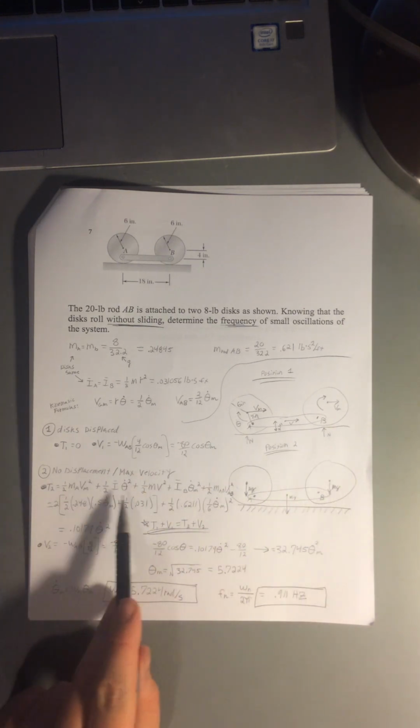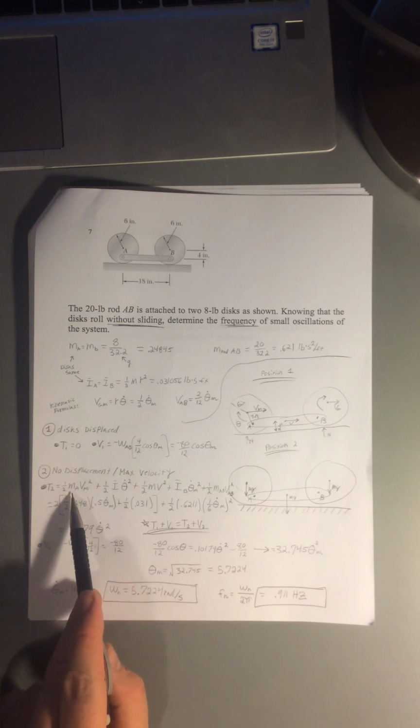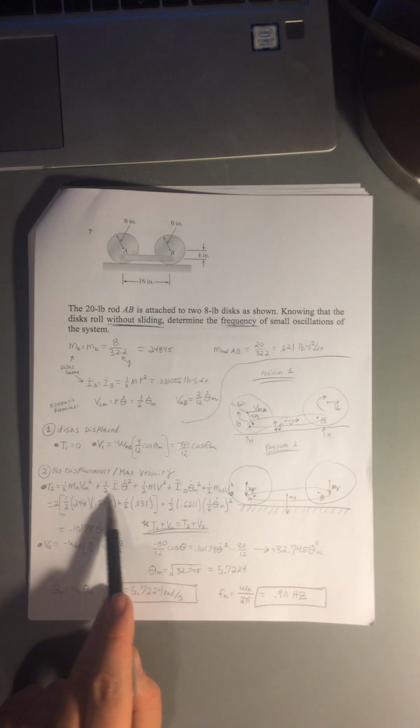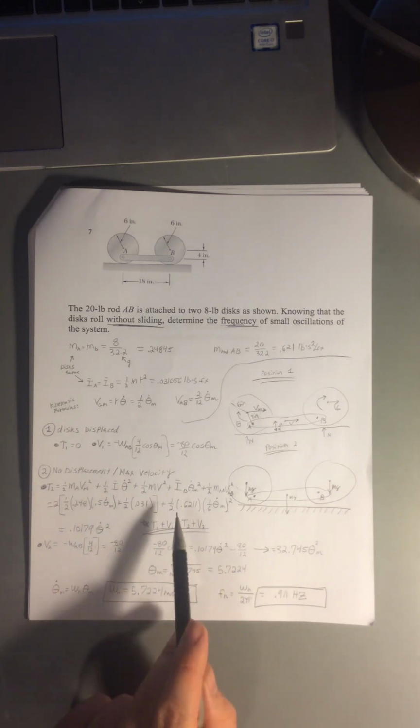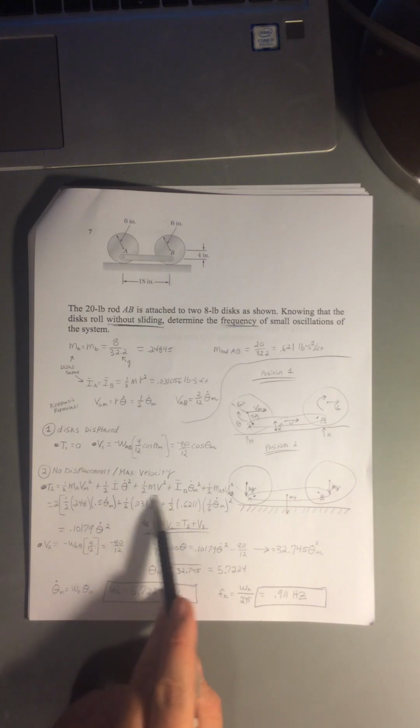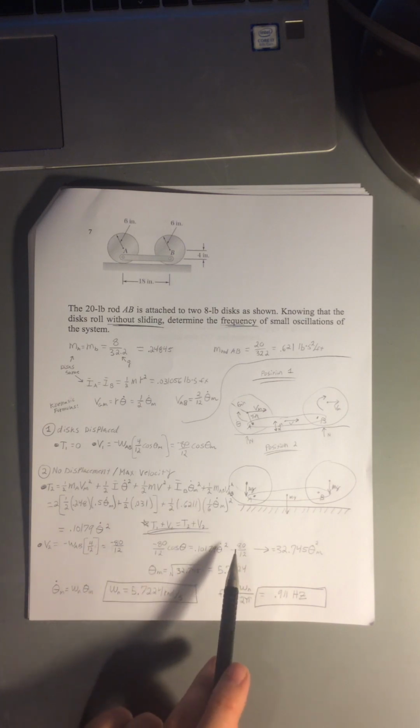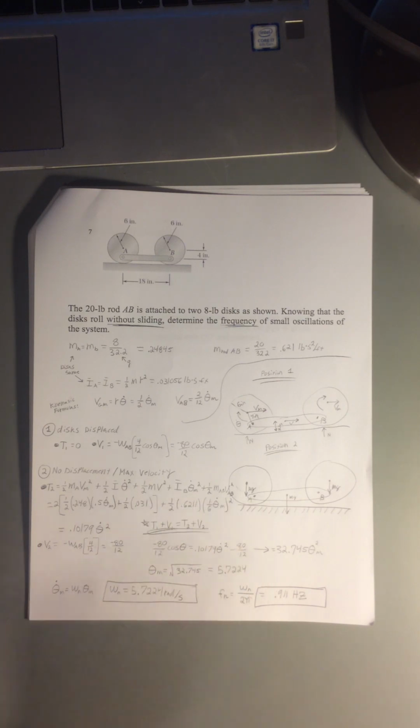So this would be cylinder 1's kinetic energy, translation and rotation. And then cylinder B, same thing, we have the translation term and the rotation term. And then our rod just has the translation term. So we have those 5 terms there, which gives us this long equation here.